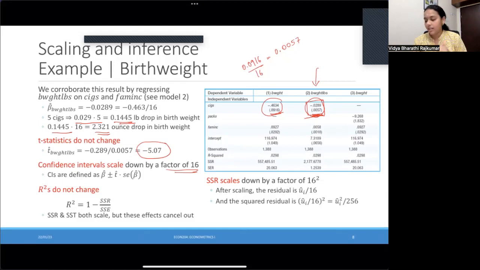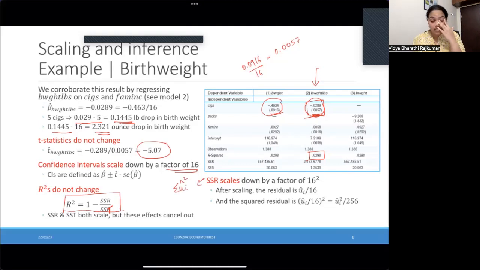What happens to R squared in the regression? R squared doesn't change. And why is that so? R squared is just 1 minus SSR by, sorry, this should be SST. So the residual sum of squares, SSR, that is just going to be your sigma ui hat squared, right?